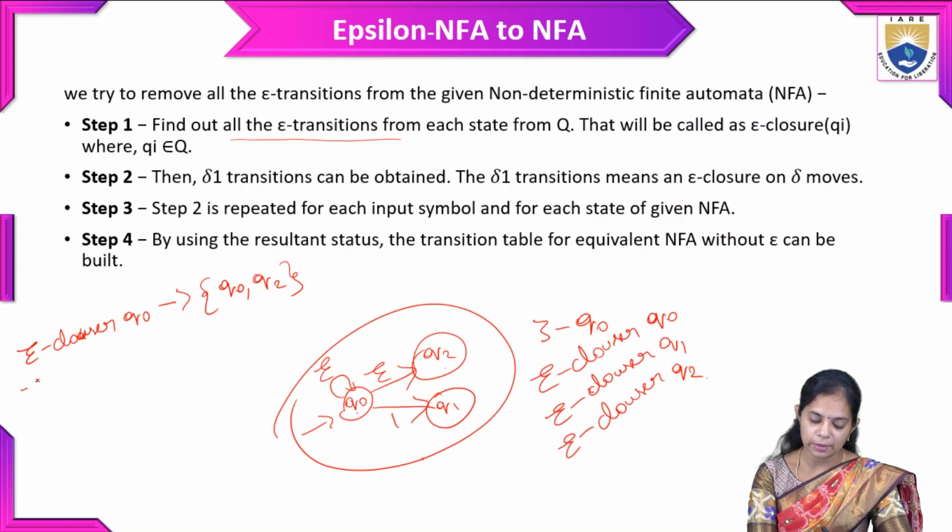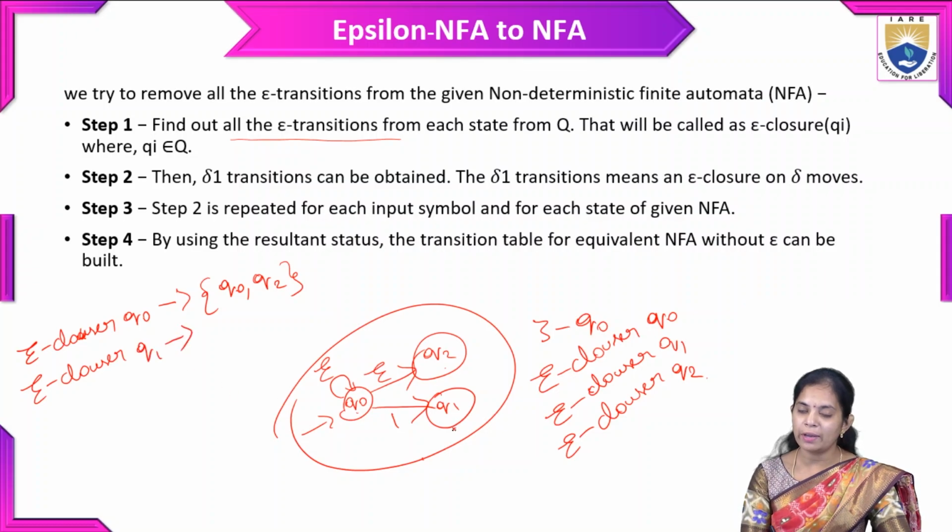Next, epsilon closure of Q1. Q1 does not have any epsilon moves, and the important point is that every state itself has the epsilon symbol. So the epsilon closure of Q1 is Q1 only.